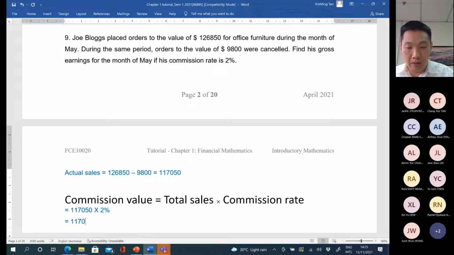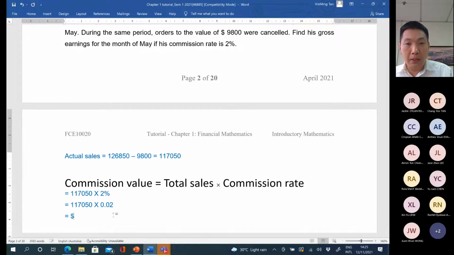If you are still not familiar with how to convert a percentage into a decimal number, 2% means 2 divided by 100. This is the final answer, so it's better to leave the answer with the appropriate unit, in this case dollars. Multiply by 0.02, so it's 2341.